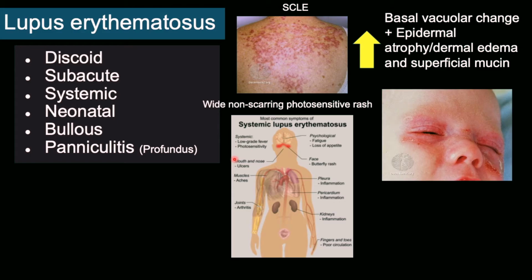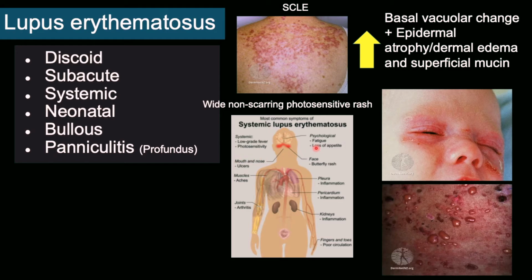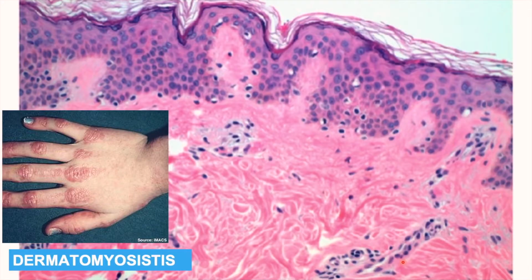The neonatal form is very rare and usually affects neonates, and in the bullous form you will clinically see bullae formation. Panniculitis is called profundus because it usually affects the deep layer of the skin, and it will be covered in the panniculitis chapter.